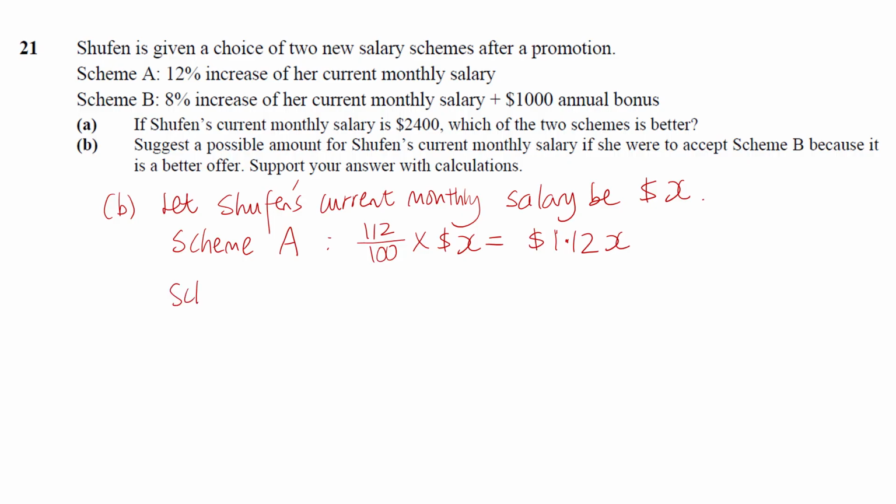If we're going to use Scheme B, it will be an 8% increment and a 1,000 annual bonus.